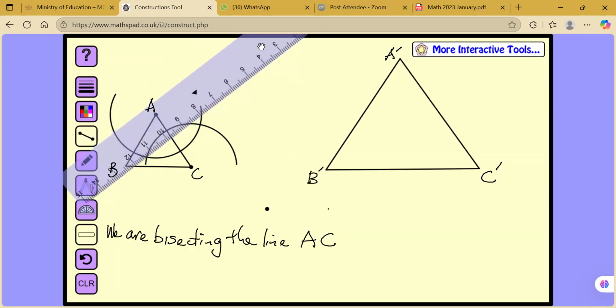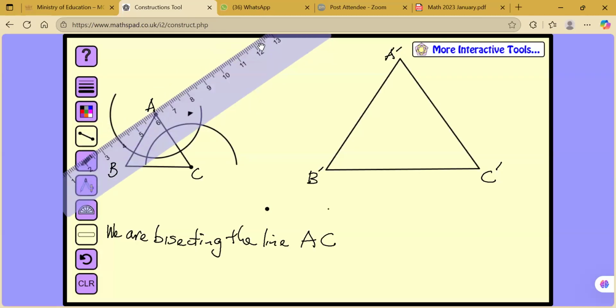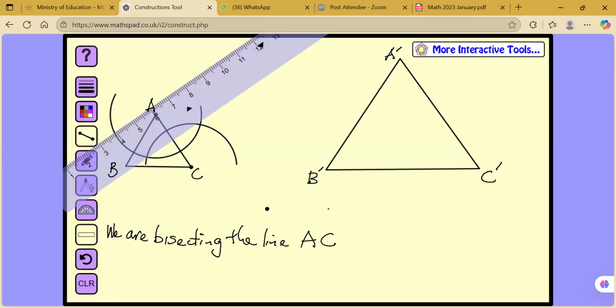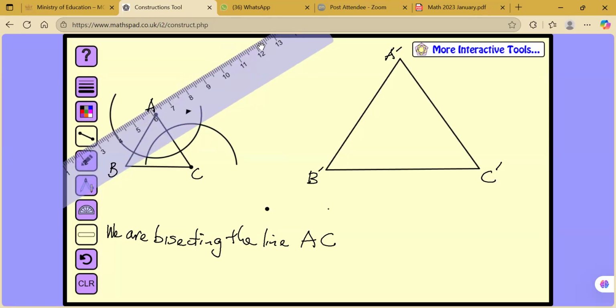So let's see. All right, good. So you see how this point here and this point here kind of line up?